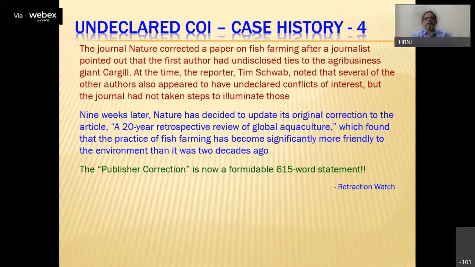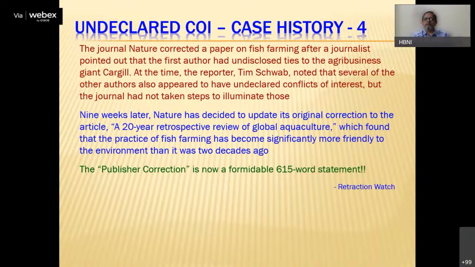Then there's another case history of undeclared conflict of interest, where the journal Nature actually had to correct a paper on fish farming. And this happened after a journalist pointed out that the first author in that paper had undisclosed ties to the agribusiness giant Cargill.